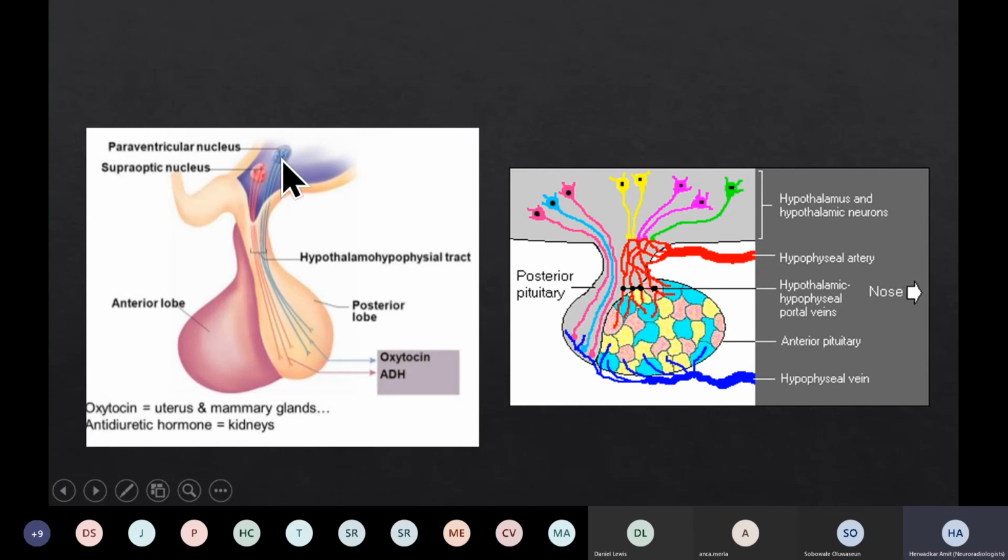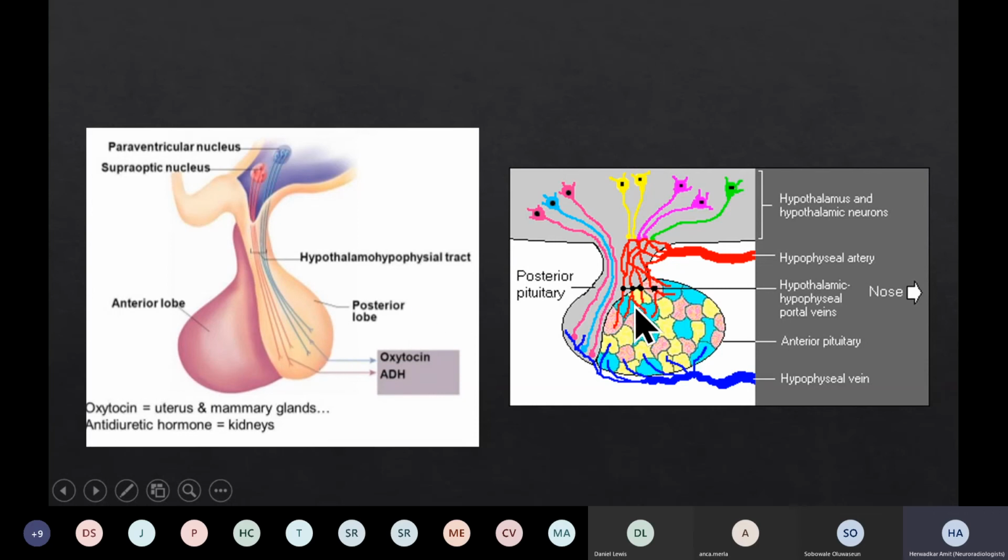So this posterior pituitary is nothing but a continuation. The neurons are a continuation of the cell bodies which lie within the inferolateral walls of this third ventricle, i.e. the hypothalamus, which has these fiber tracts, axons, which terminate in the posterior pituitary.